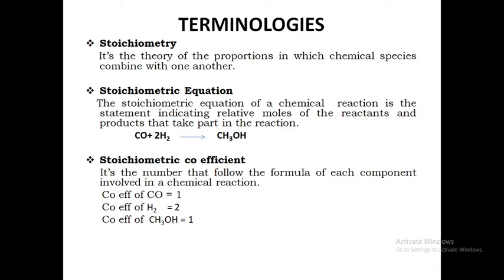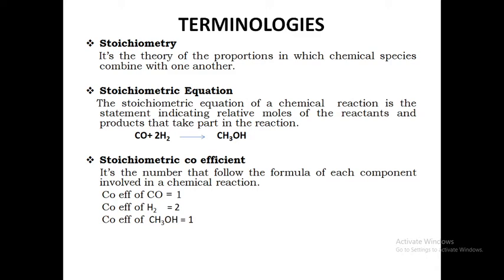This reaction is the stoichiometric equation. How? Both reactant and product sides are correctly balanced. So 1 mole of carbon monoxide reacts with 2 moles of hydrogen to produce 1 mole of methanol.